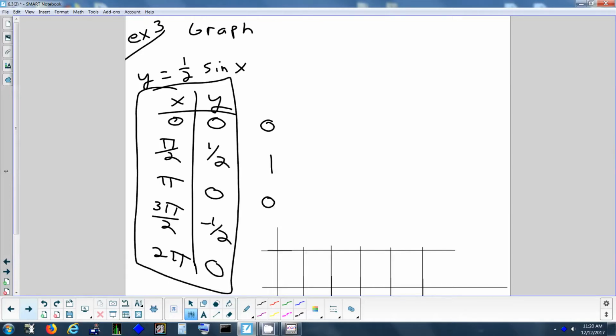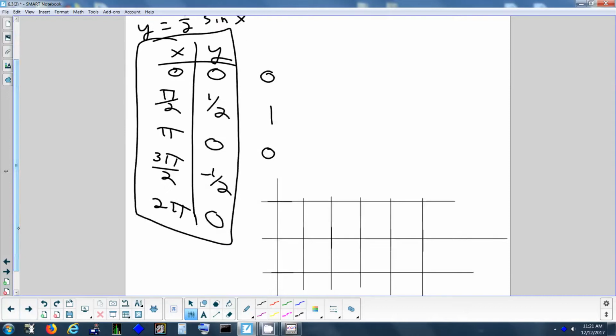Okay, any questions on that? Okay, now when I sketch this, you might be like, well, it looks the same as the regular one. Mine is going to look the same because I'm going to change the scale. I'm going to make that 0, a half, negative a half. That's not the only way to do it. If you want to do it a different way, that's fine.